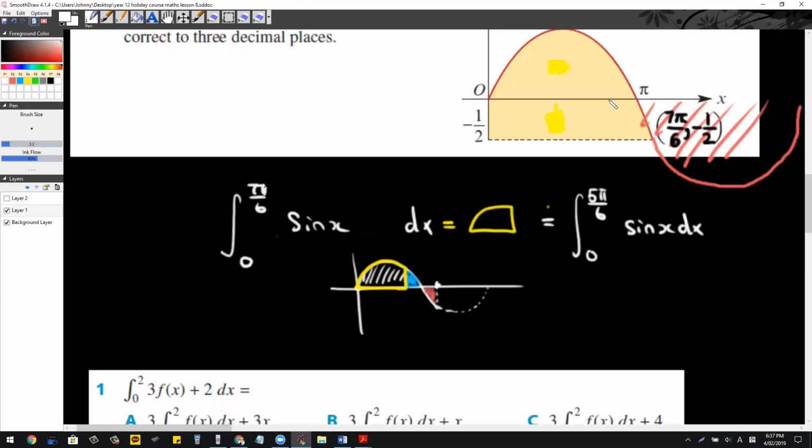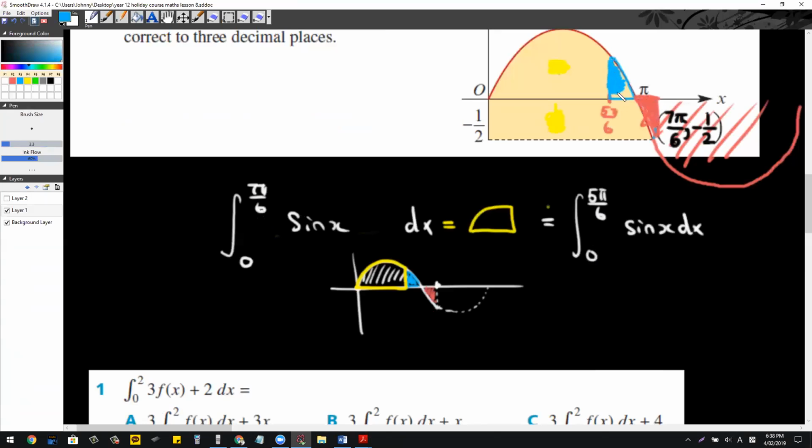So if this over here is 5 pi over 6, that gives us this area, which is equivalent to this area here. See? So if I integrate from 0 to 7 pi over 6, that's going to be the same as integrating from 0 to 5 pi over 6. We're going to have a look at that here.